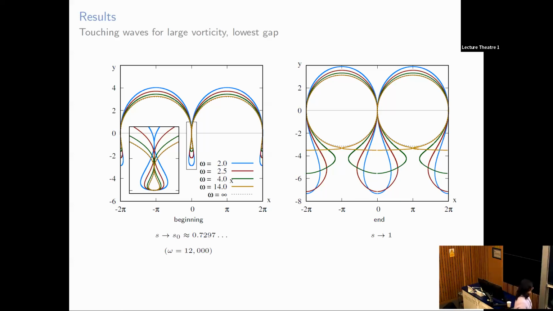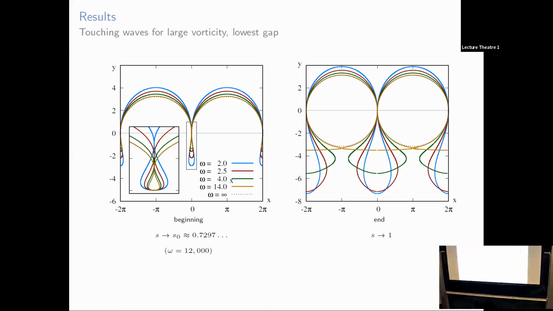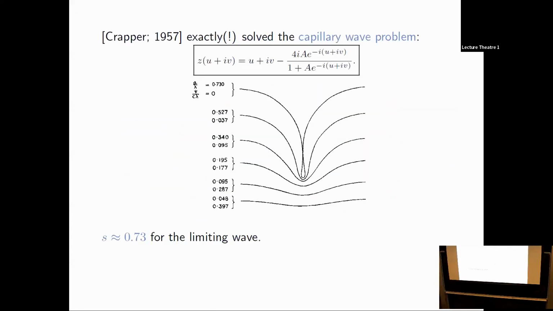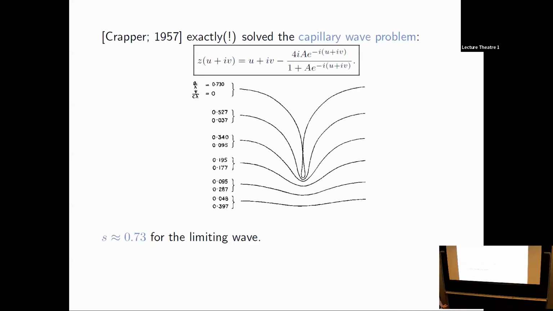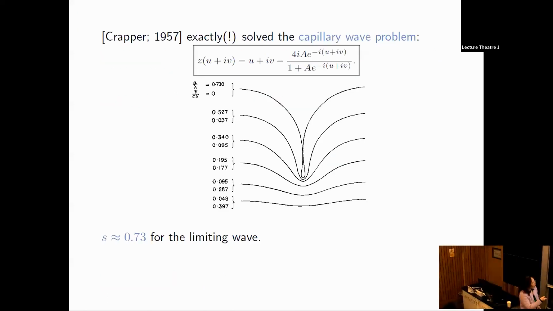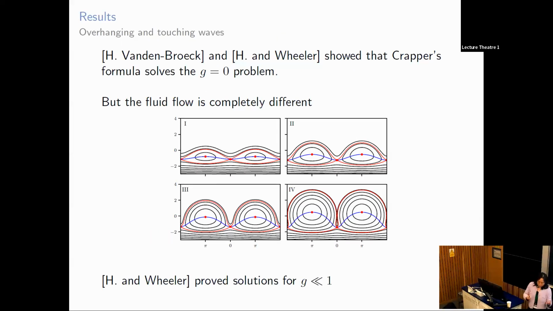So we thought that it is not completely unreasonable that the limiting scenario of this problem is this limiting wave in shape. Then I explained this to Jean-Marc, and he pointed out correctly that not just this limiting wave, but all the other Crapper solutions must be solutions to this zero gravity problem, because they all come from this one family of functions, only varying the parameter A. So we provided some evidence for that.